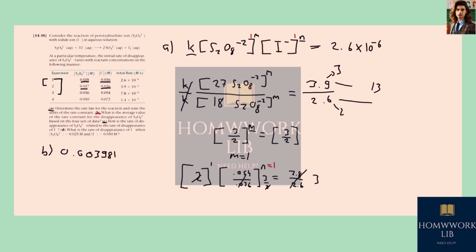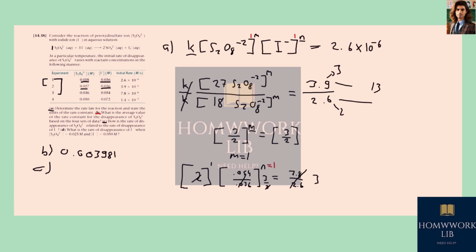At part C, they're asking how the rate of disappearance of S2O8 is related to the disappearance of iodine. We need to recall the very first thing that we learned. There's a hidden 1 behind S2O8.